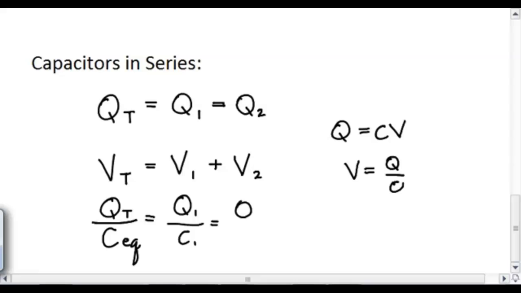This would be Q2 over C2, plus. So what about QT, Q1 and Q2? They're all the same, so what can I do mathematically? Can I divide them? Like that.